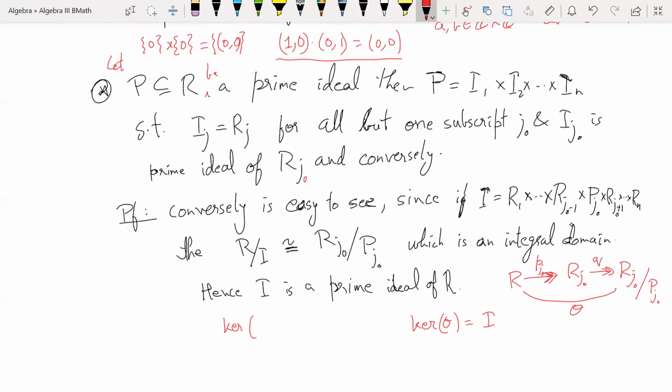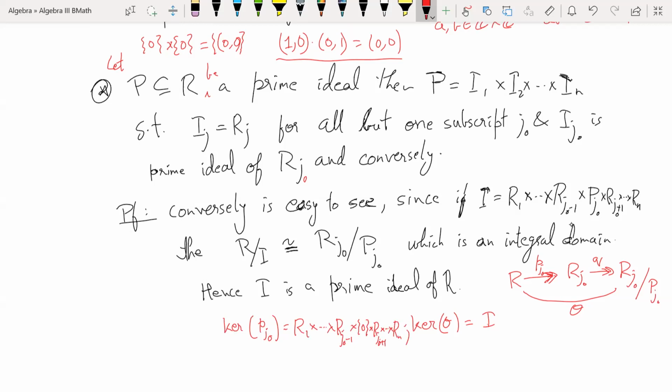This is not necessary, but just to analyze what we get. The kernel of p_j0 is R_1 through R_(j0 minus 1), 0, and then the other factors R_(j0 plus 1) cross R_n. So this is the kernel of p_j0.